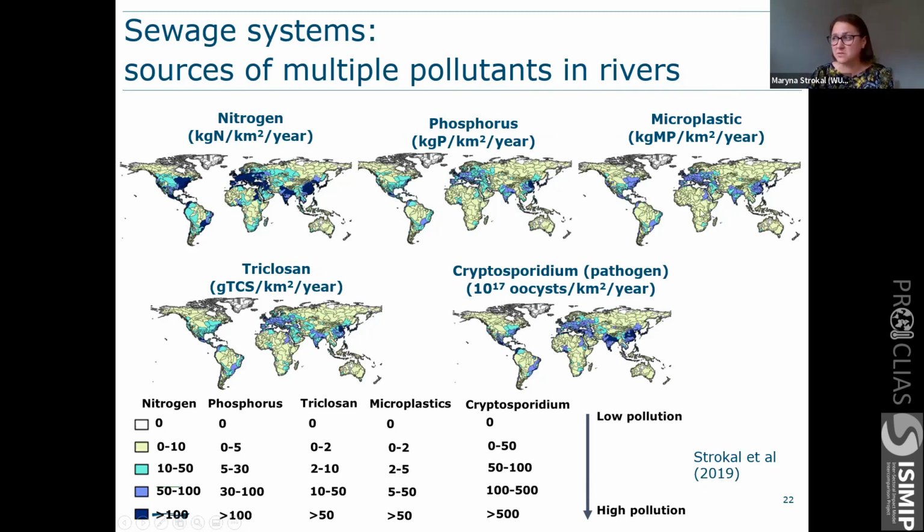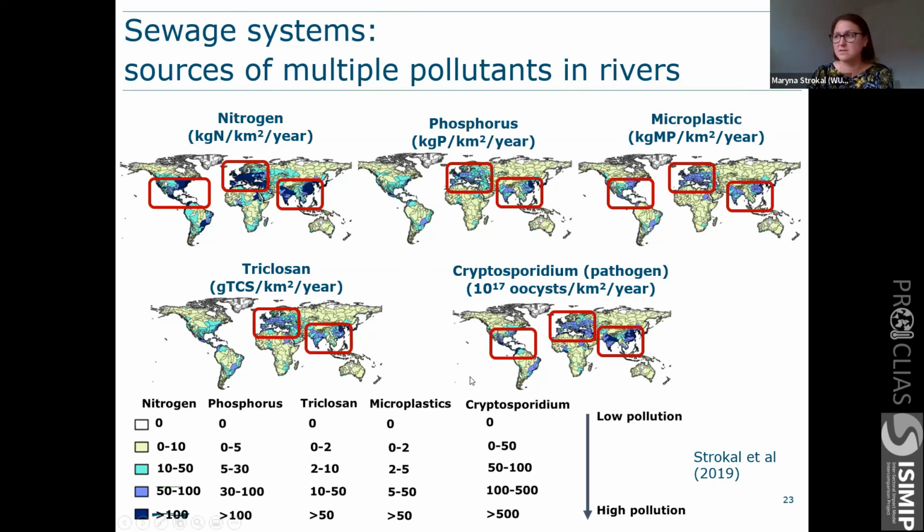So you see the other three maps, they are similar to the maps of nitrogen and phosphorus, and the same color code, from light to dark blue, and dark blue means that there are more pollution levels compared to the other regions. And those hotspots of multiple pollutants are matching Europe, South Asia, and in some cases also the American basins.